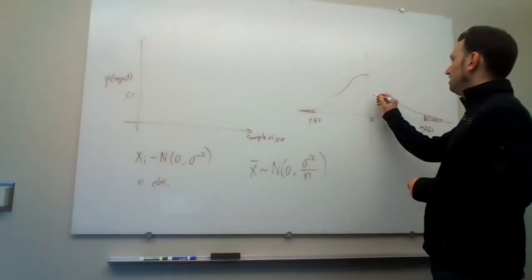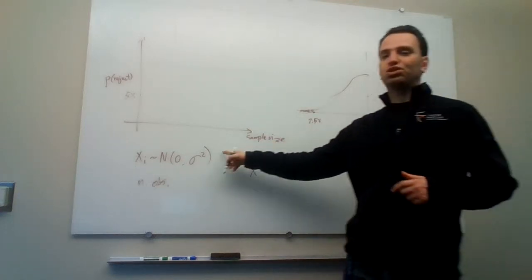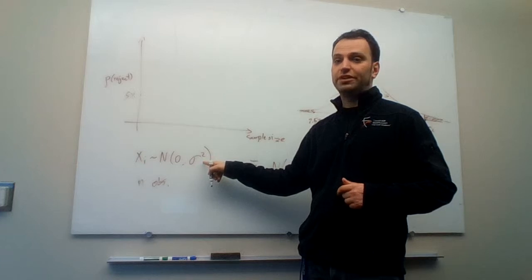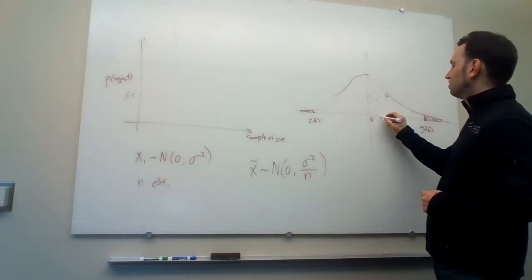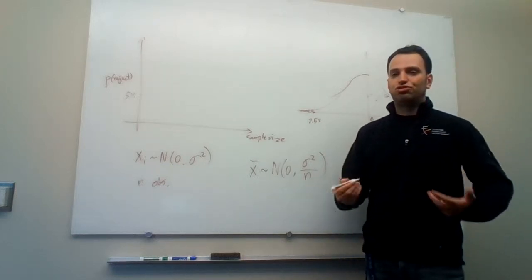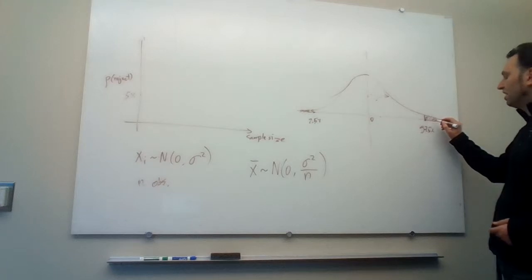So this is our normal distribution. This sigma is about here, and we assume for the moment that we actually know sigma. Clearly, if we get an observation that's close to 0, that would not lead us to reject the null hypothesis. On the other hand, let's say that we get an observation that's over here.